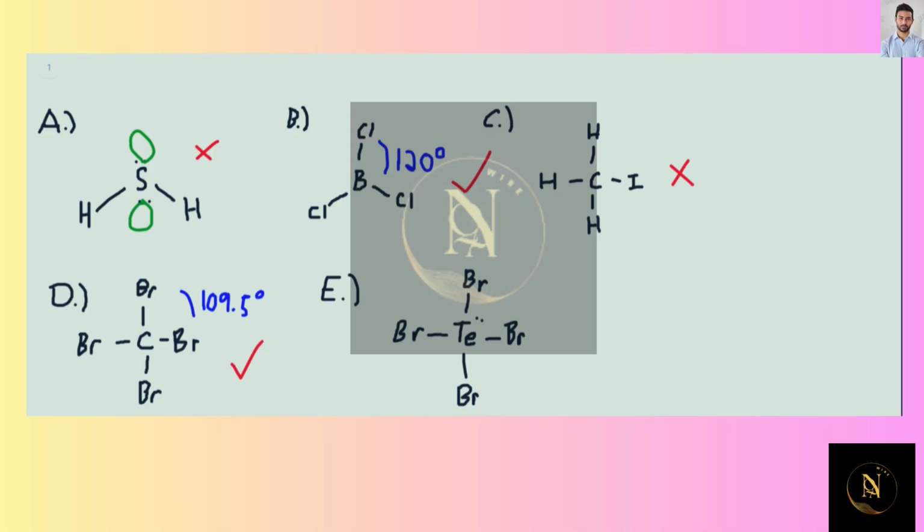Now, tellurium bromide has a trigonal bipyramidal electron domain geometry with a non-bonded pair of electrons occupying the equatorial plane. So let's draw the trigonal bipyramidal, like what it would actually look like.